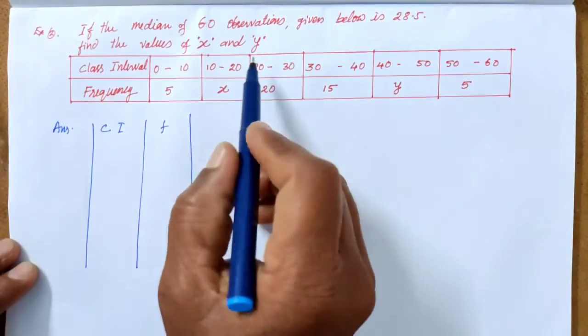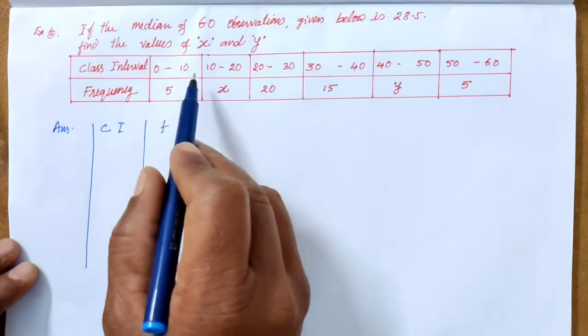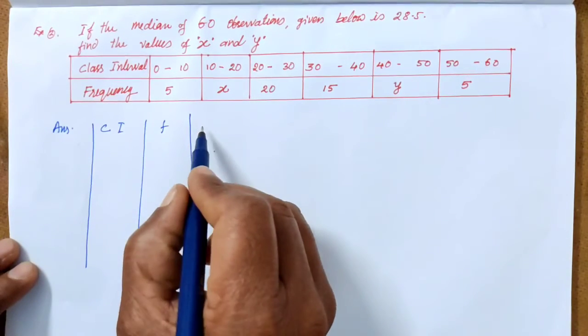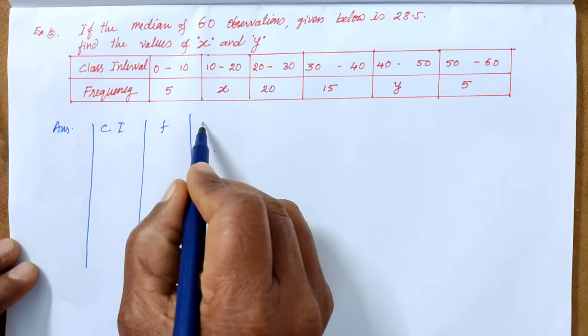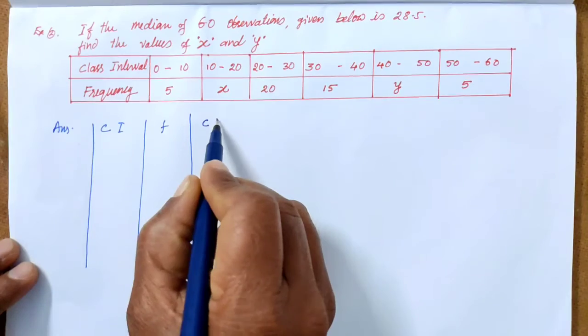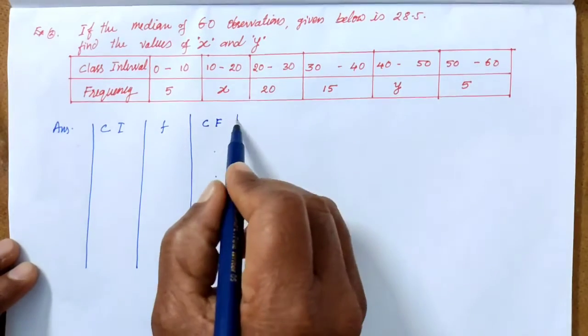And so this is the problem of median, therefore we have to find the cumulative frequency also.